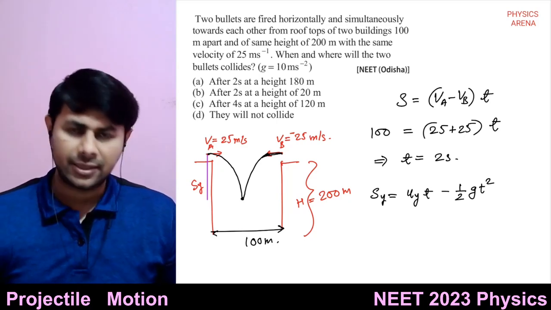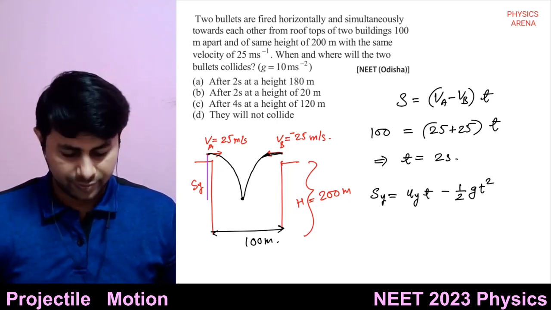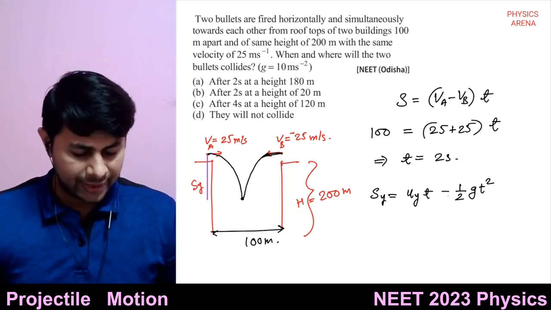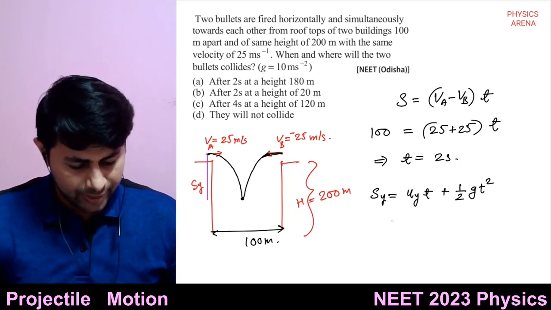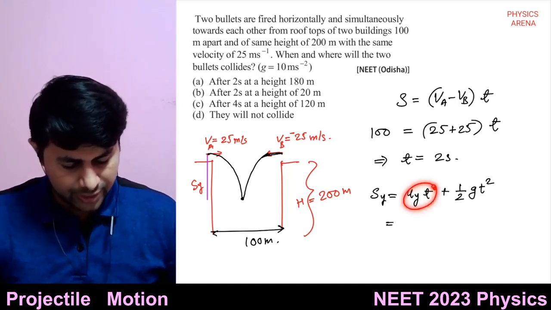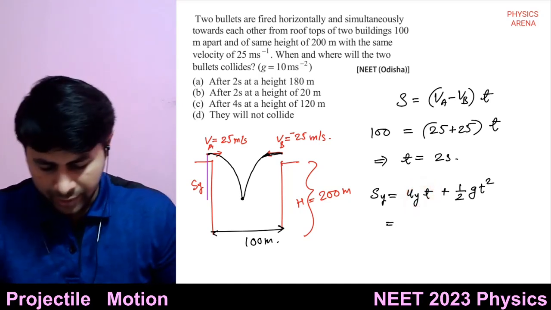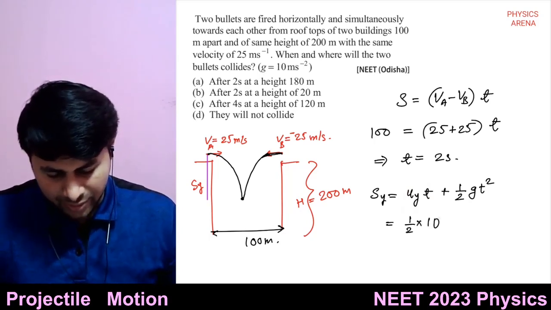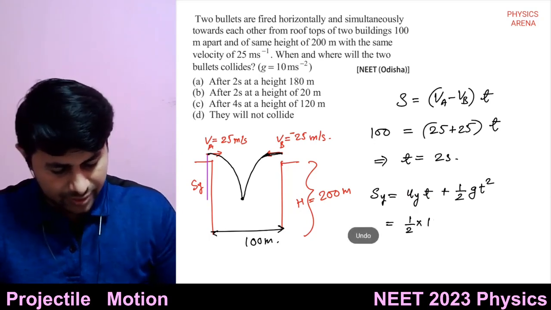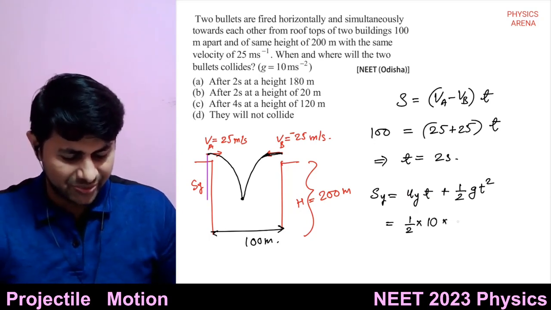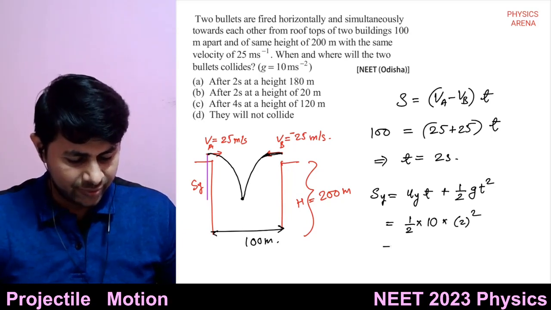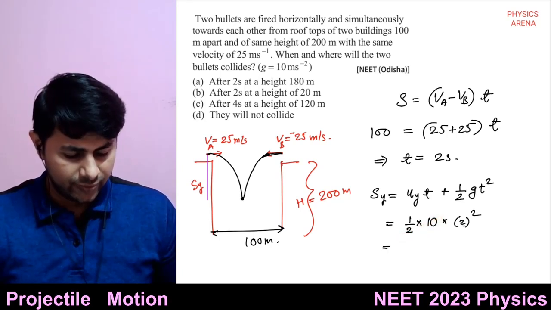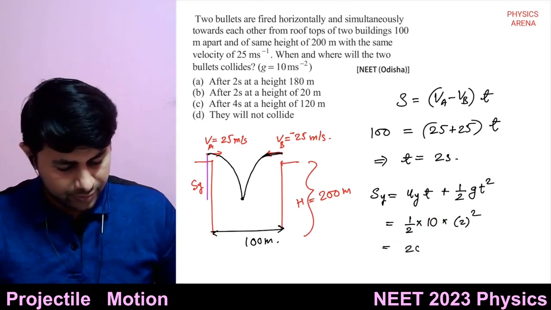If we just want the magnitude, let's keep plus half. So it is half of g t square, with g as 10. Even if it is not given, we'll take it as 10 for simplicity. So 10 by 2 is 5, 5 times 4 is 20. 20 meters.